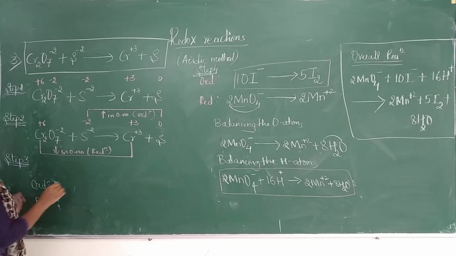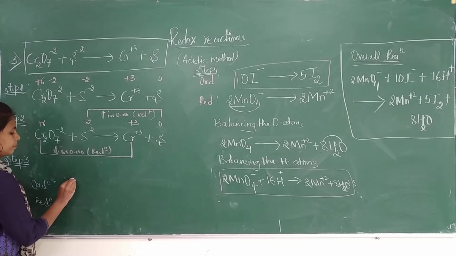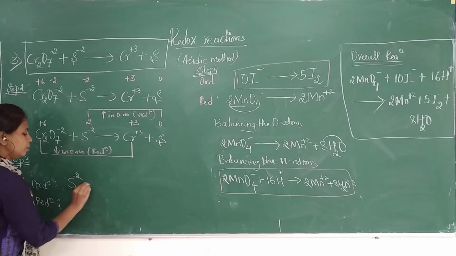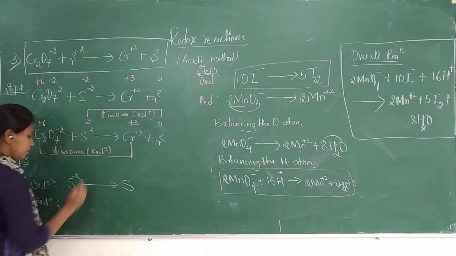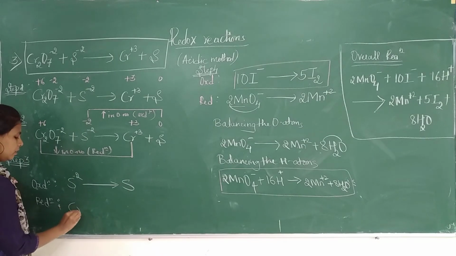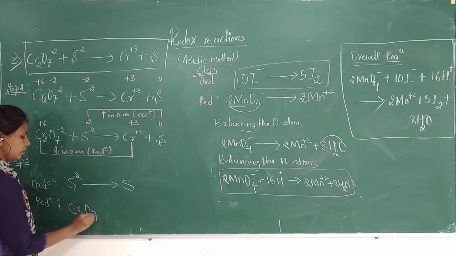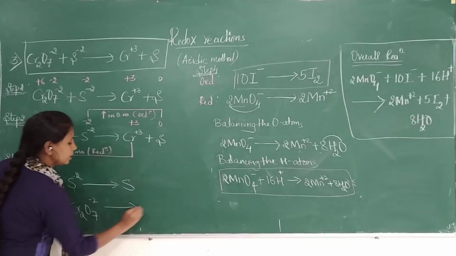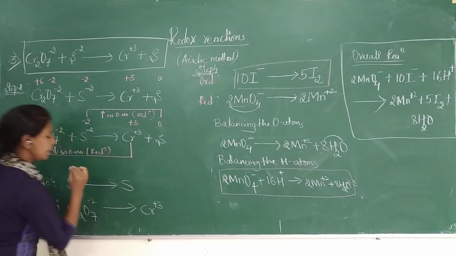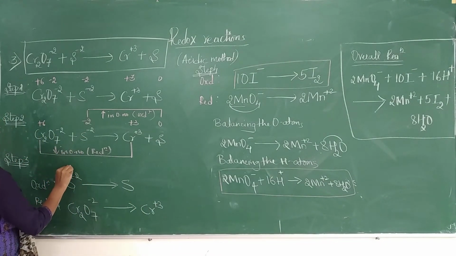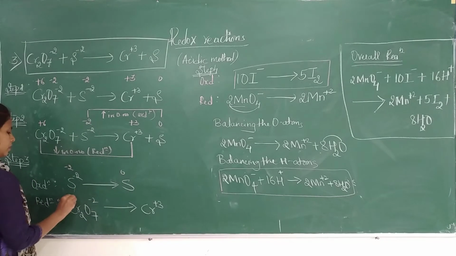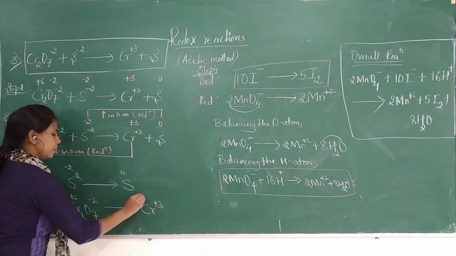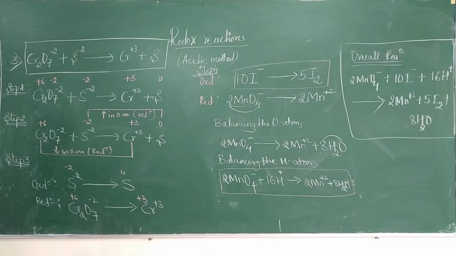Oxidation half reaction, which is that? S minus 2 forming S. Reduction: dichromate ion which forms Cr +3. Now tell me, by how many numbers has it increased in the oxidation reaction?